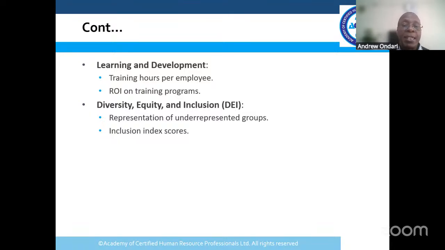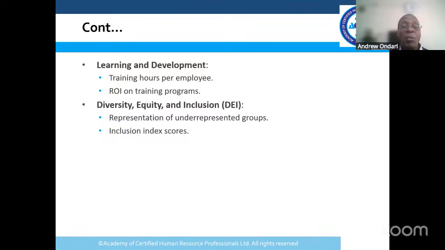For instance, in Kenya, the female gender has always been underrepresented in the past. But today we are happy that the number of women employees has increased, perhaps as a result of education, awareness, and also government policy, particularly on gender mainstreaming.